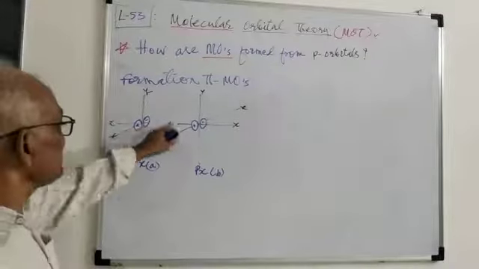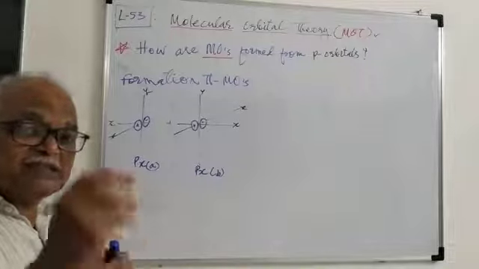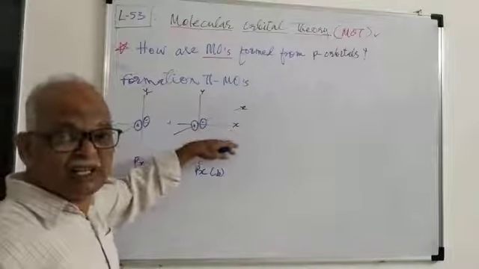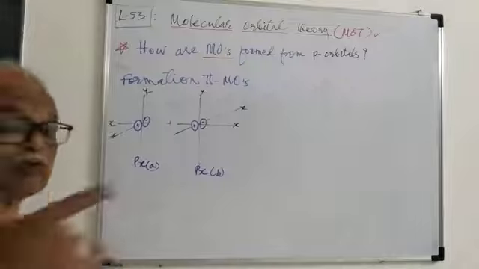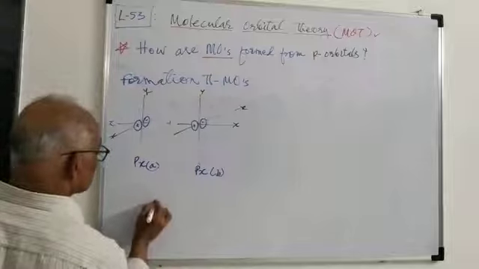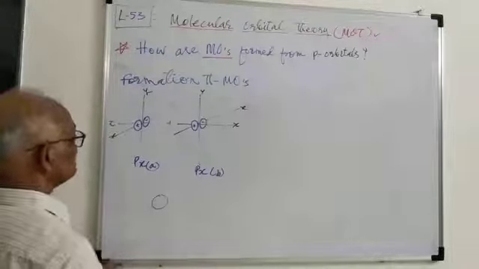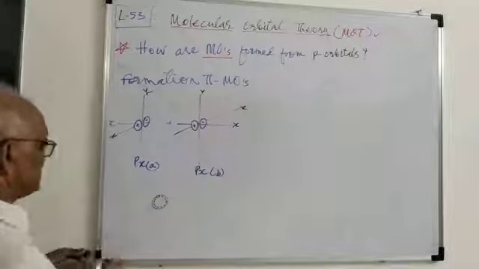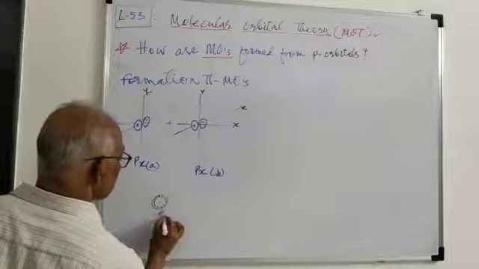So, being parallel to each other, they can be viewed as a single orbital. When we view this, this is the internuclear axis, say in this direction, and the z-axis is perpendicular to it, going this way. So the two lobes appear like this as a single lobe, but there is another hidden lobe that is not appearing. So there is another lobe like this. Sometimes it is represented in this way. So this is the px orbital.